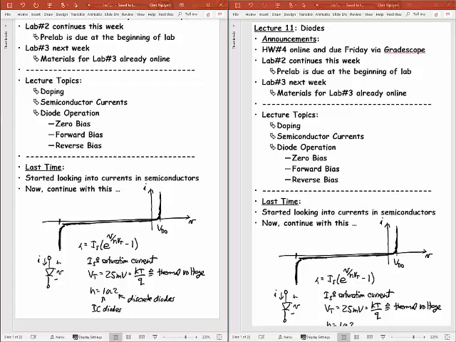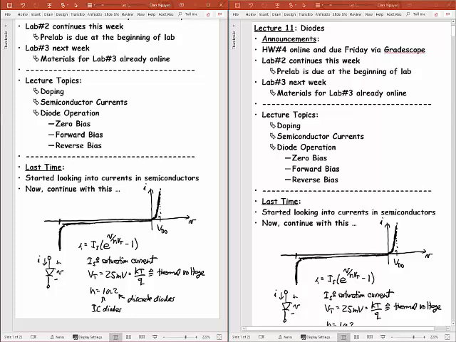So let me fix this just a little bit here. I'll destroy the whole thing to fix it. So this should be going through 0 there. Then it starts climbing up, and it basically asymptotes to that VDO there.